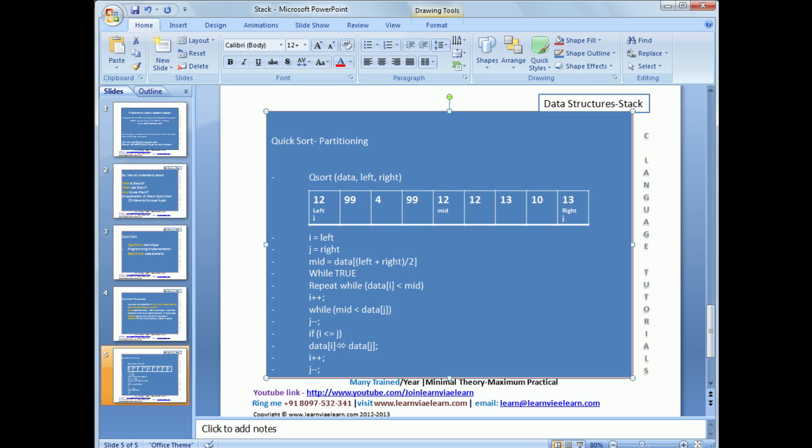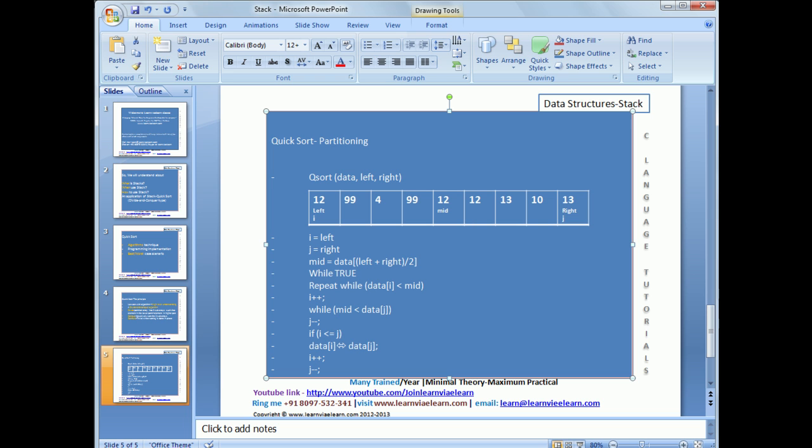Then we will sort the left and right hand sides of the array, and if we see them combined, the whole array will be sorted. So the whole concept is moving around the pivot element only.